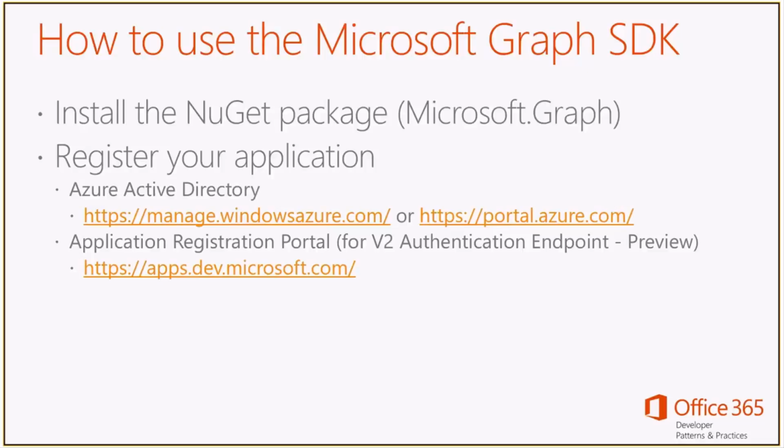If you want to use the first option, Azure Active Directory, you will have to implement the authentication logic using ADAL, the Microsoft Azure Active Directory Authentication Library, which is now in version 3.0. If you want to consume the new V2 authentication endpoint, you will have to leverage MSAL, the Microsoft Authentication Library, which is still in preview right now. So again, you shouldn't use it in production, but you can start playing with it. And using MSAL, you will have a new approach which allows you to use both the Azure AD and the Microsoft account identities within the same and unique authentication endpoint.